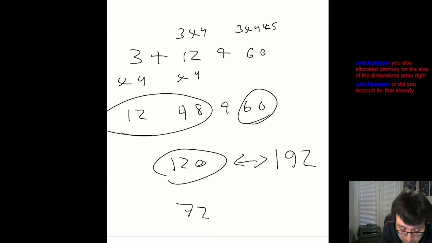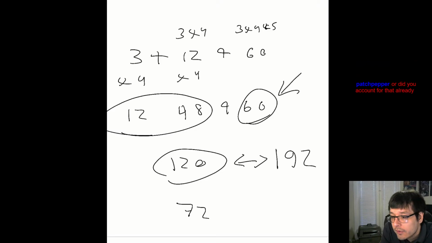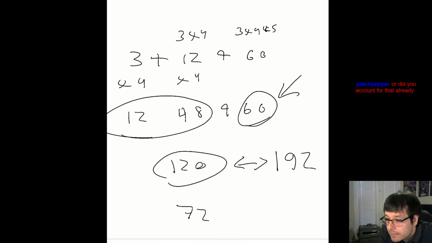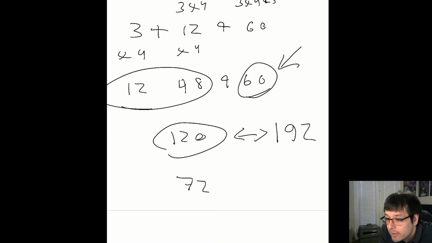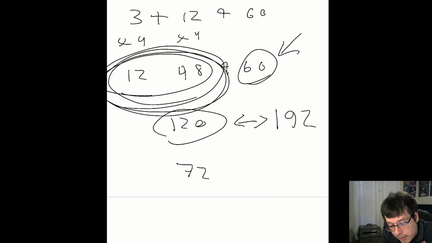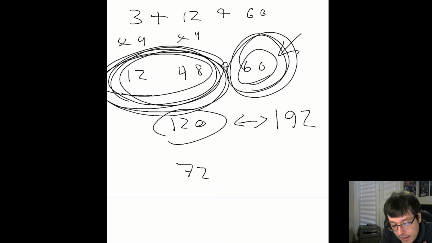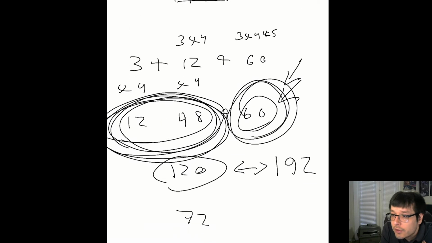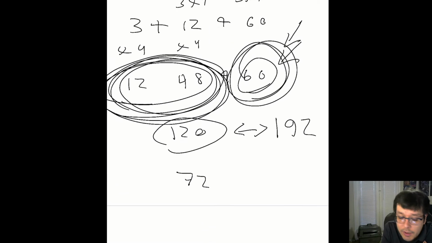This is for sure okay. This is the one where it could vary because of the characters. You also allocate memory for the size of the dimension. So this 12 and 48, these are all pointer memory allocated, so that's accounted for. And this is actually the data itself. If we change these from chars to integers, then the math will add up and be okay. But we were doing it with chars, so who knows how they're being stored.